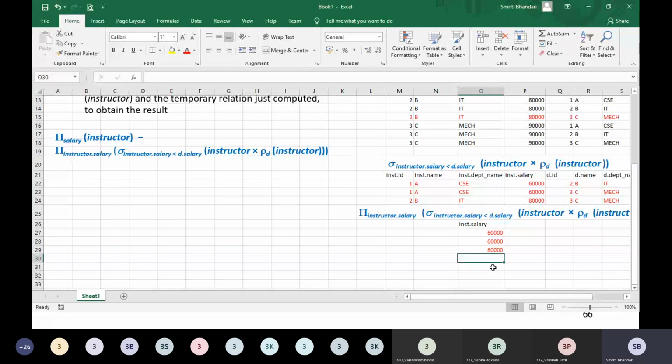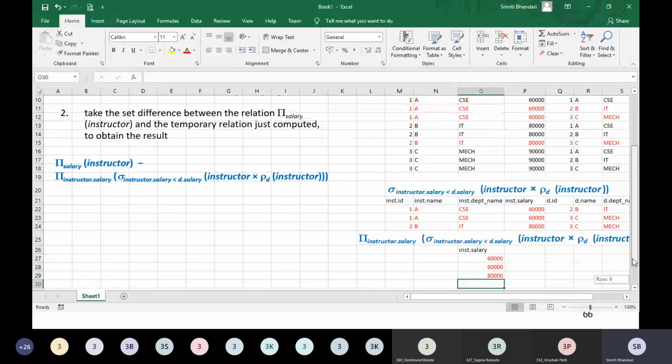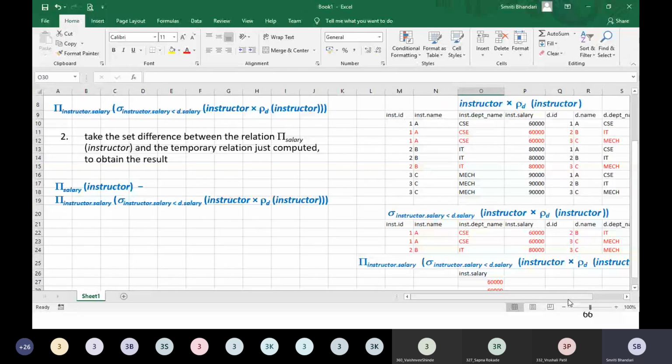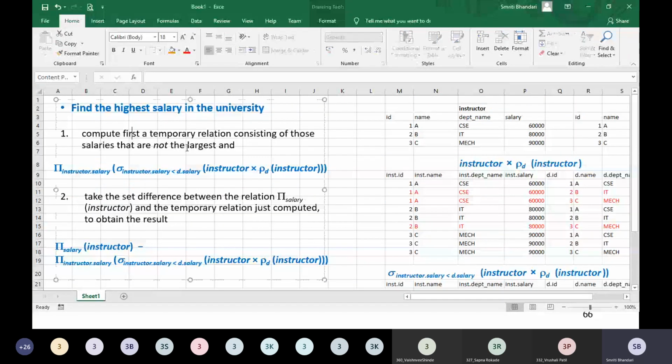So what we have in the output, we are having two values, 60,000 and 80,000. Right? So whether we have come up with the solution of the first step: compute first a temporary relation consisting of those salaries that are not the largest.